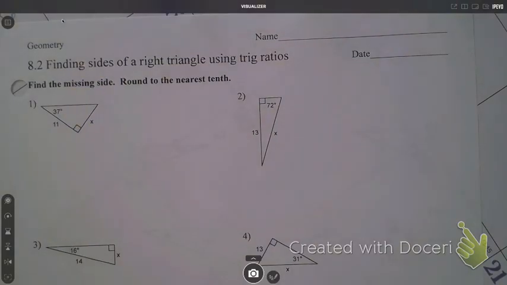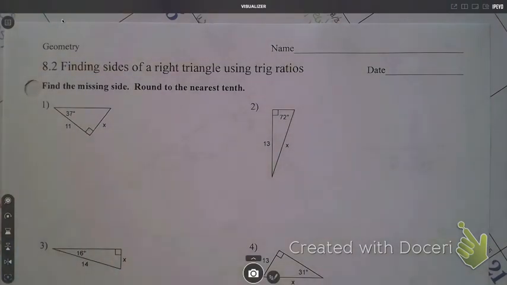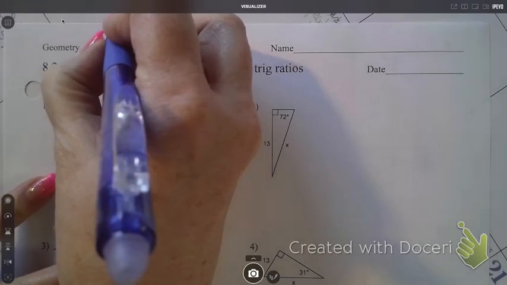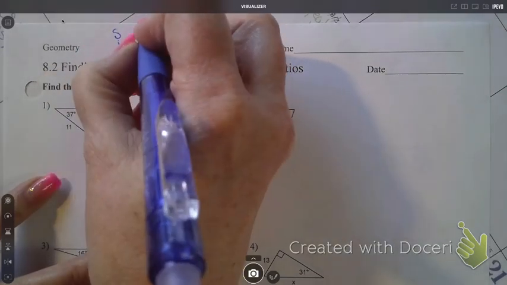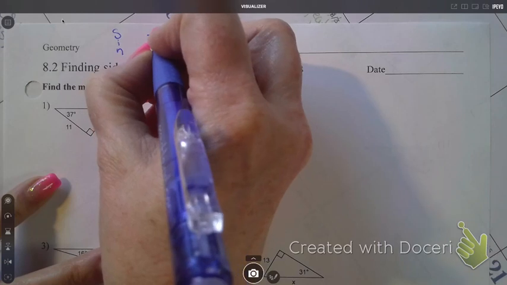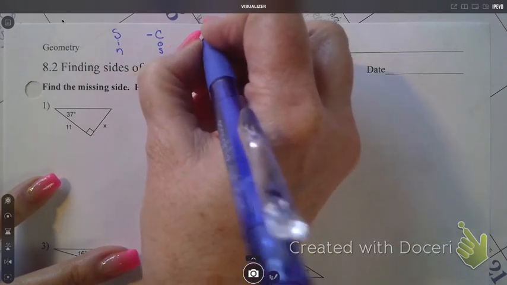So today we're doing another part of 8.2. Yesterday we just set up the trig ratios, and the three ratios that we set up were sine, cosine, and tangent.